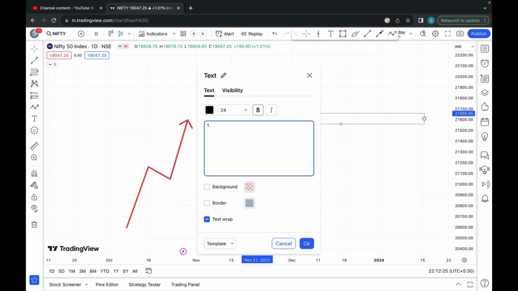Number one, the first point is if the second candle's close is greater than the first candle's midpoint.